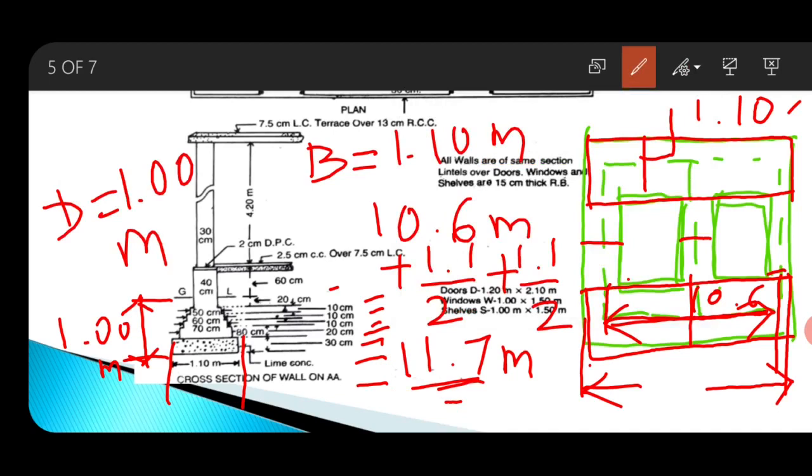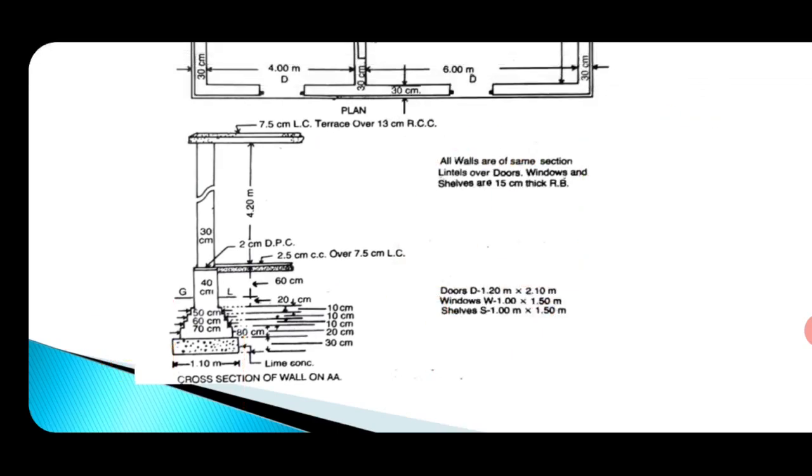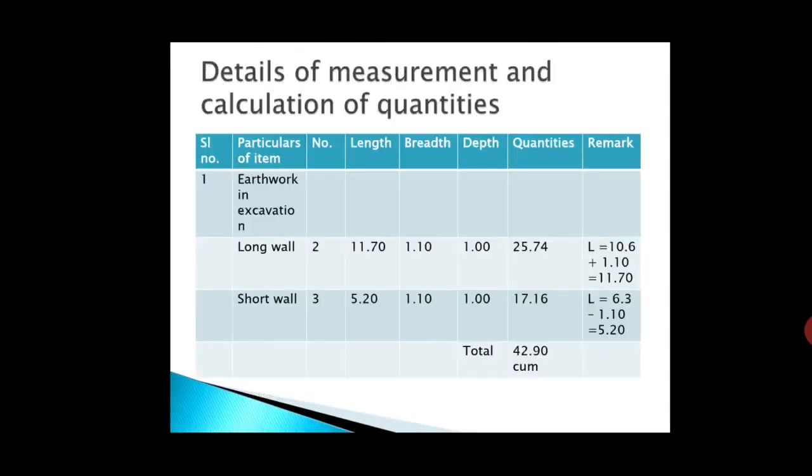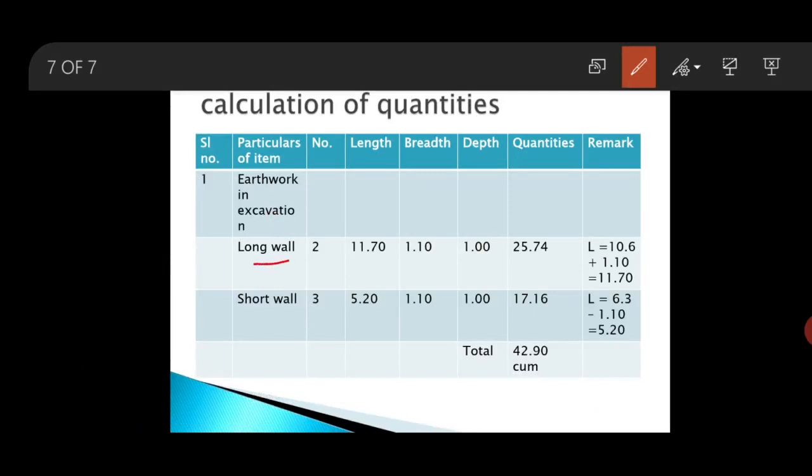So this is about your dimensions of long wall. So now we will move to our details of measurement form in order to put the dimensions. So in long wall, see here, number of long wall is 2, center to center length is 10.6. With that we will add the corresponding width of the work.